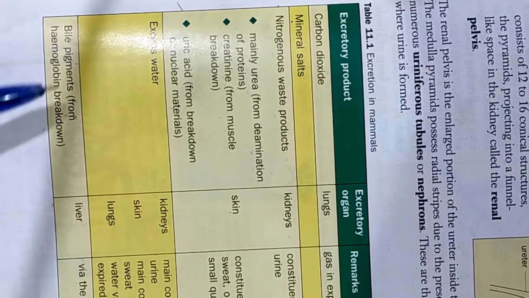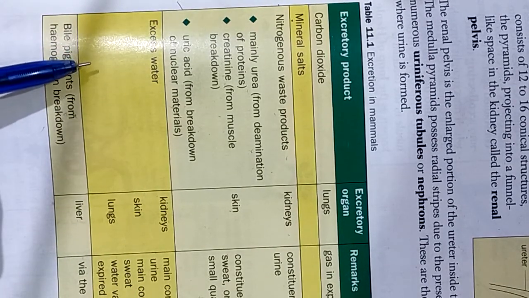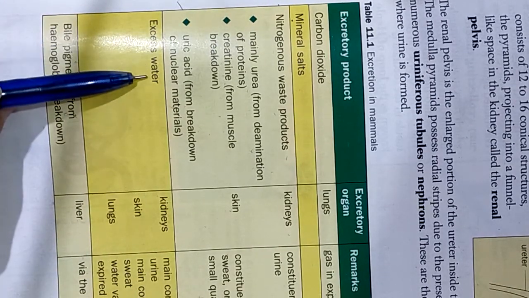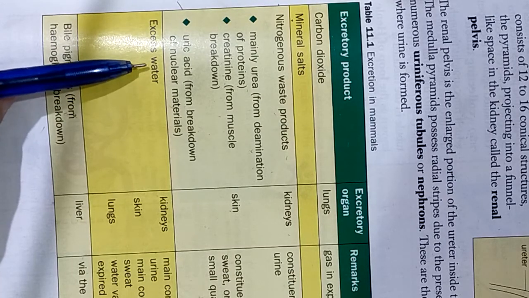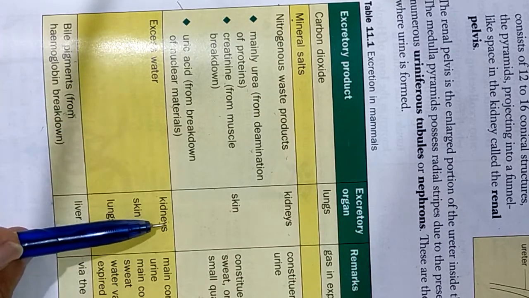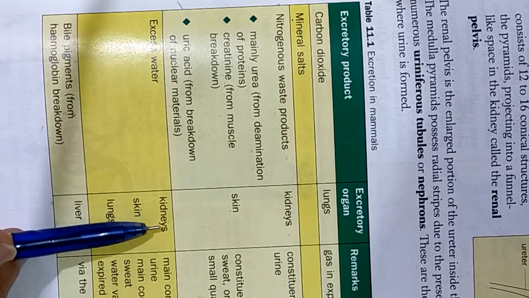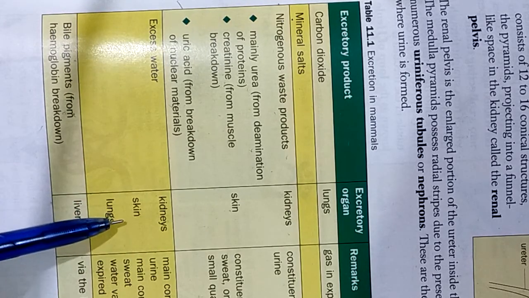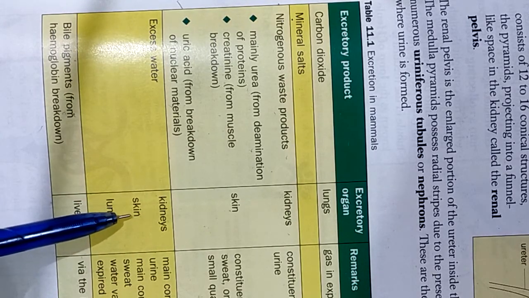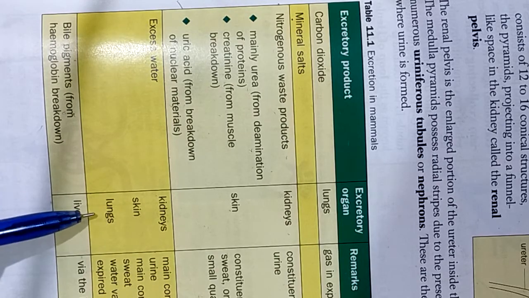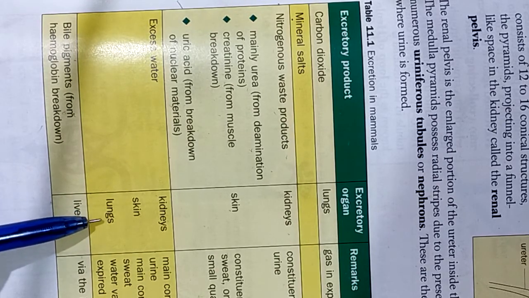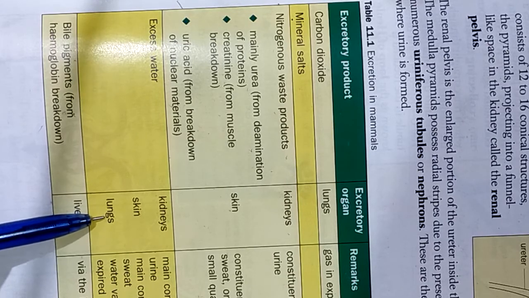Then another excretory material removed from the body is excess water. This excess water is mainly removed through the kidneys, but some can also be removed through the skin in the form of sweat, and some during expired air through the lungs.